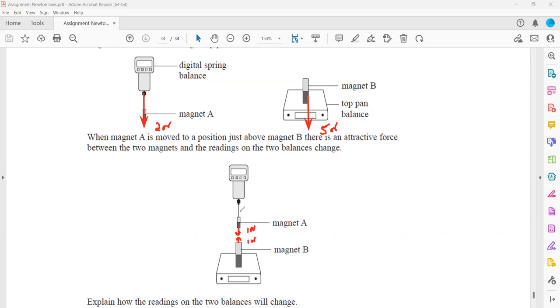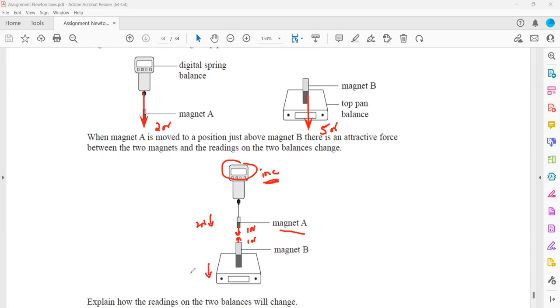So what happened to the reading on the balance for magnet A? Already its weight was 2 Newtons downward and there is a force of attraction of 1 Newton downward. As a result, the reading on this balance will increase because its weight is acting downward and the magnetic force is also acting downward. But what will happen for this one?